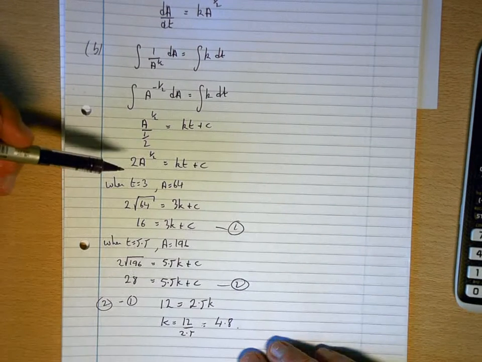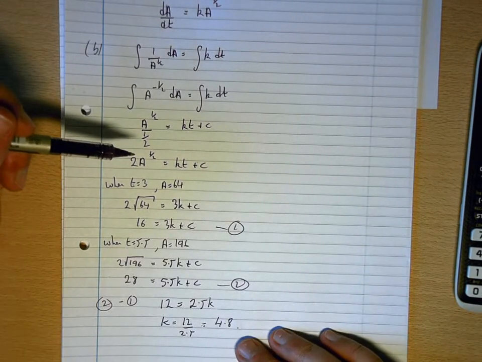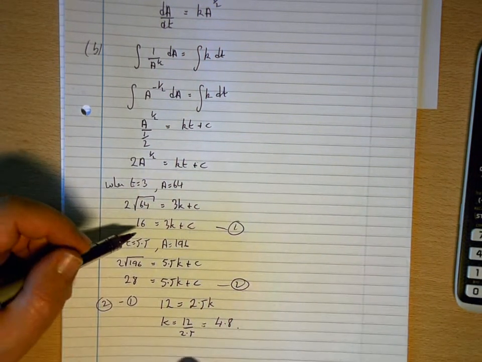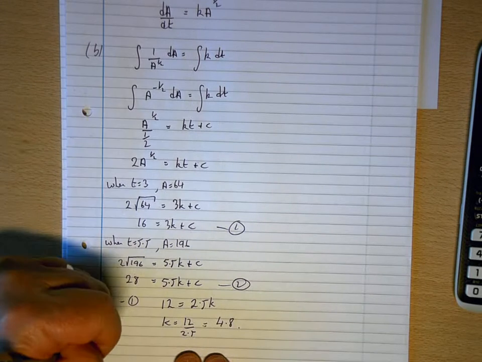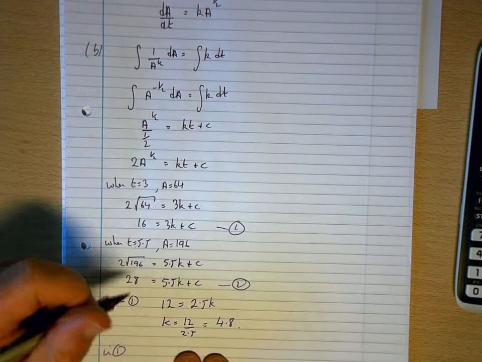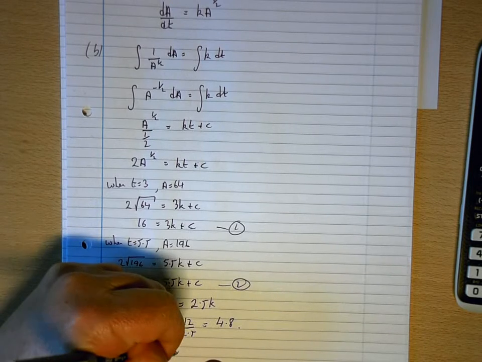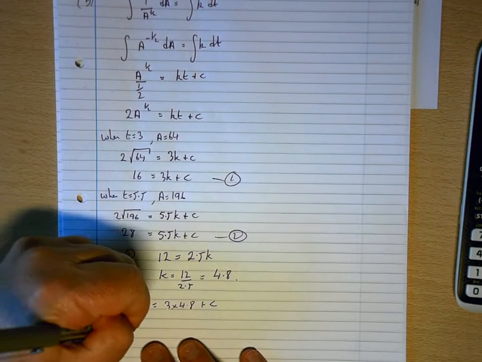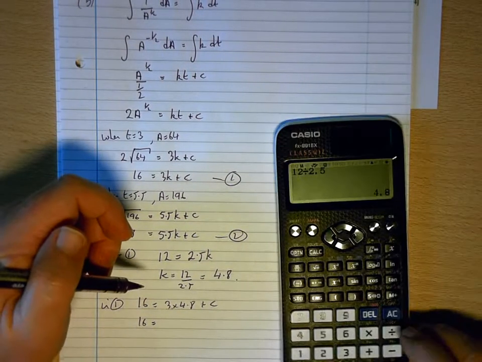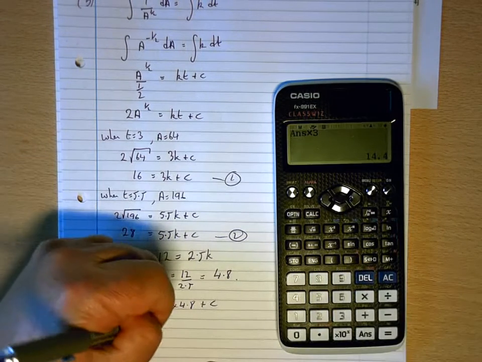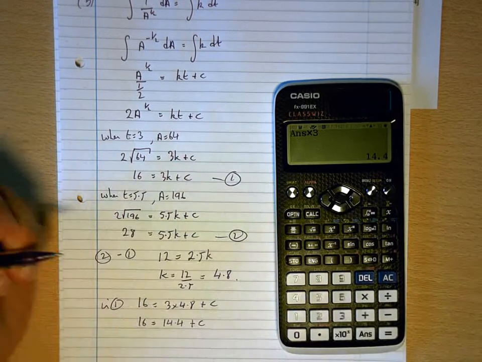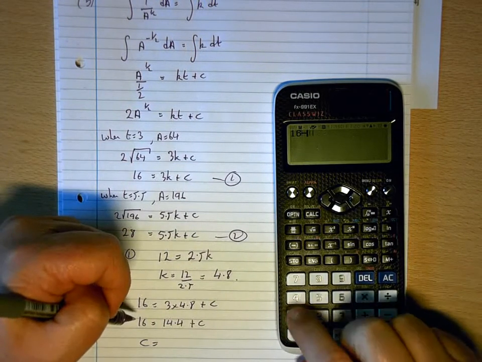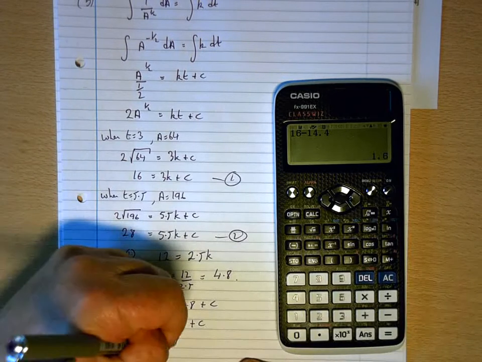I need now to work out what c is. So if I put that now in 1, I get 16 equals 3 times 4.8 plus c. 16 equals 14.4 plus c. So c would be 16 minus 14.4, which is 1.6.